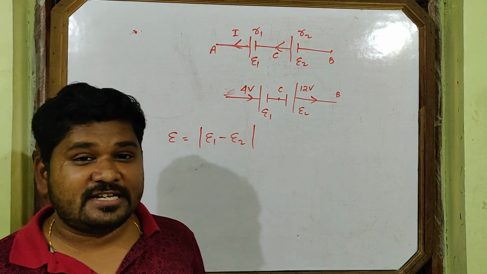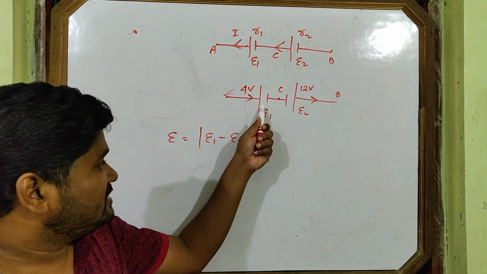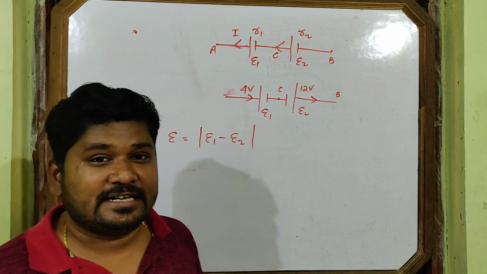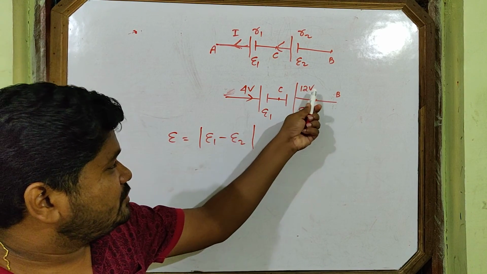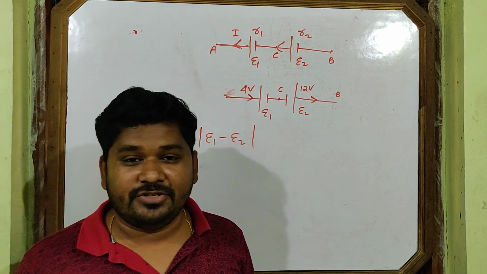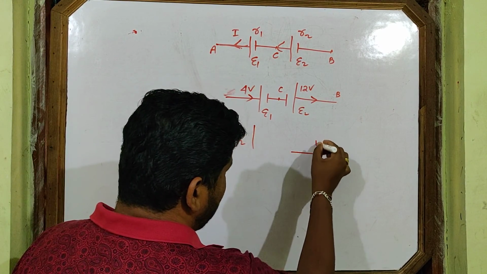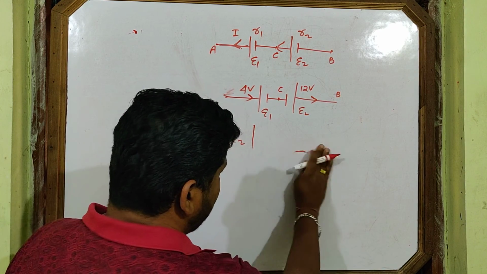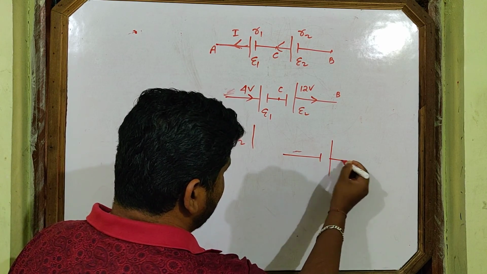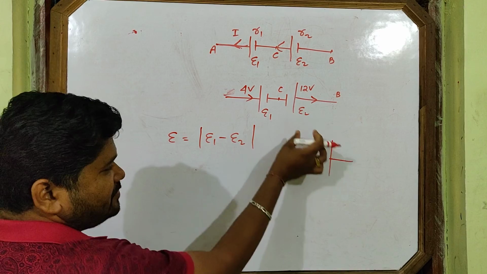This cell is in which condition? Charging condition. The 4 volt cell is in charging condition. Your net EMF will be 12 minus 4 equal to 8 volt. This combination behaves like this, with this side negative and this side positive, because this is the main hero, just like its polarity.